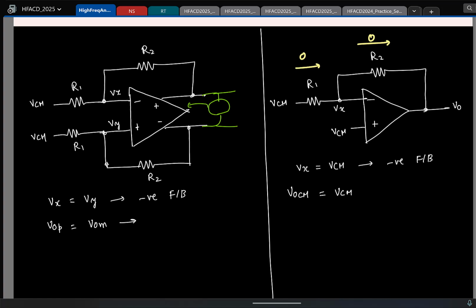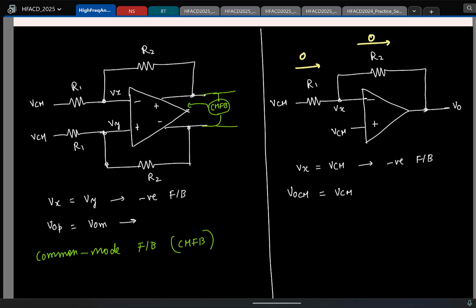The global feedback you have here is operational for differential mode signals, which means for defining the two voltages independently, in addition to the feedback for the differential mode signals, you also need feedback for the common mode, and that feedback is called the common mode feedback, or CMF. And that's what we will be seeing in the next couple of weeks.